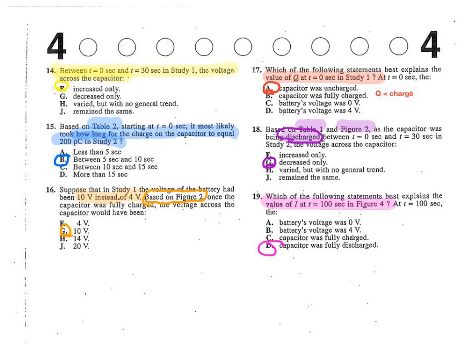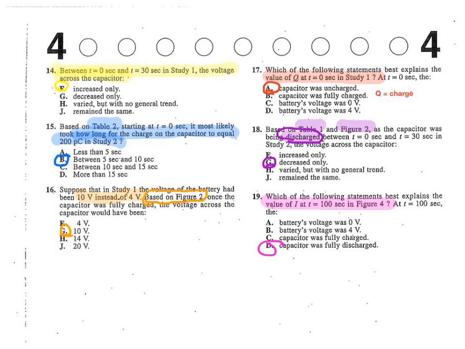Alright, we're rolling. 16 says, suppose that in study 1, the voltage of the battery had been 10 volts instead of 4 volts. Based on figure 2, once the capacitor was fully charged, the voltage across the capacitor would have been blank.